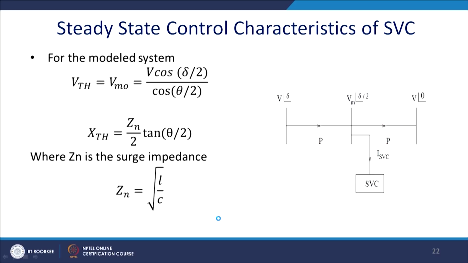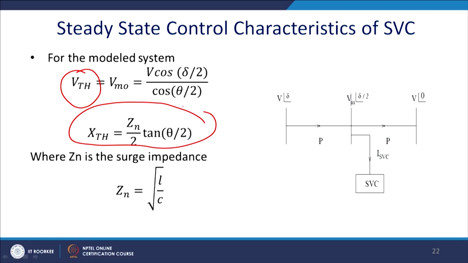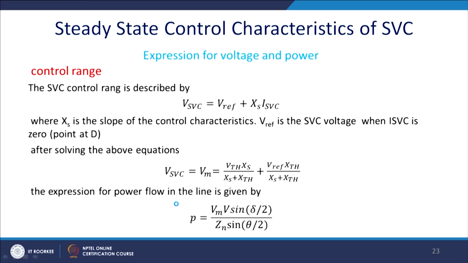So, from there we can go to the calculation. Since it is a midpoint controller, we can find that it will be V cos(theta by delta by 2), and from there this is the X_TH, where the surge impedance is given by the square root of L/C. So, we can have a control range.